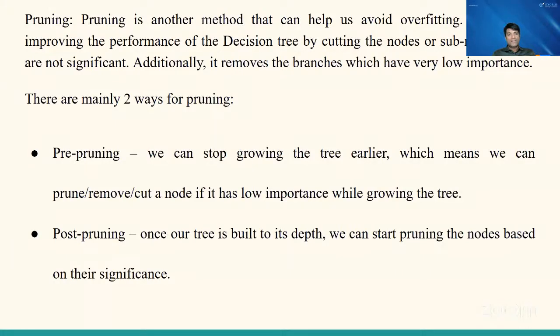It stops the tree from building more subnodes or nodes, which is not good for us when we have any insignificant data nodes, subnodes. Why? Because why build a tree with a particular subnode which is not important?